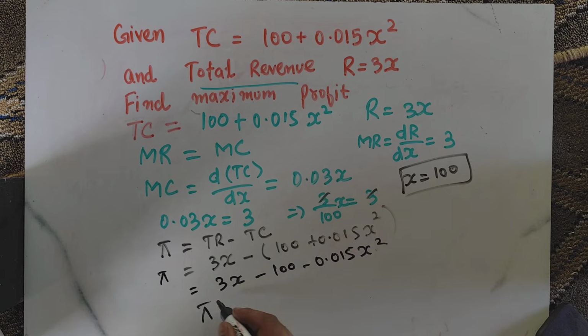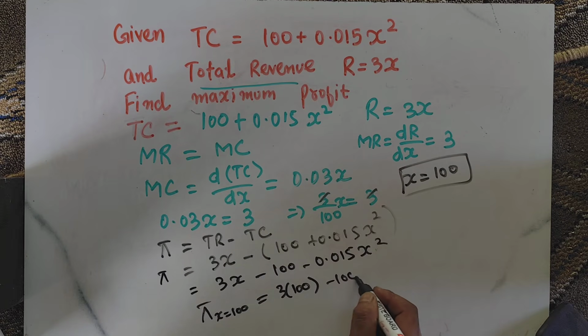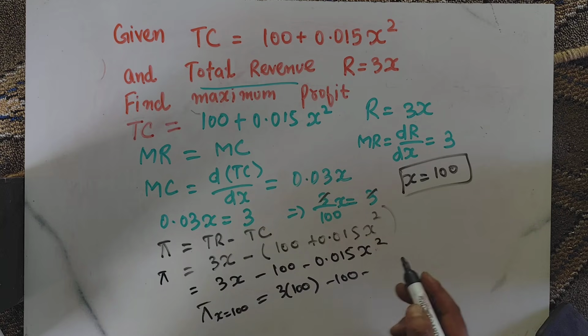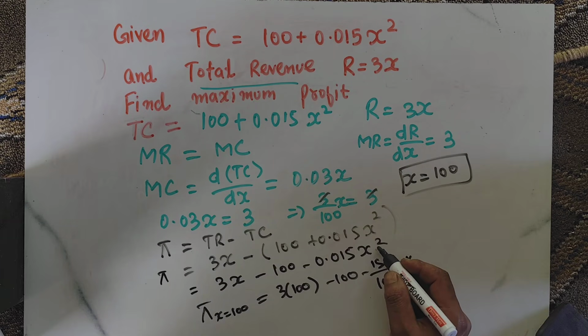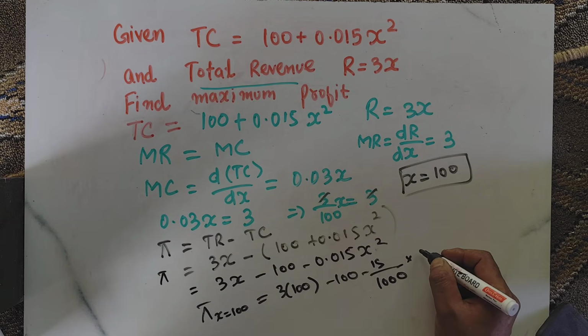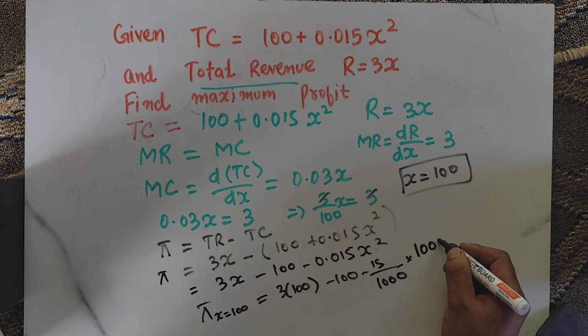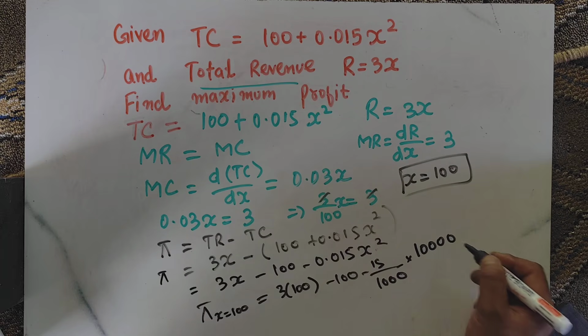So profit when x is equal to 100 will be equal to 3 into 100 minus 100 minus 15 upon 1000 into x square, meaning 100 square, which is 10,000.